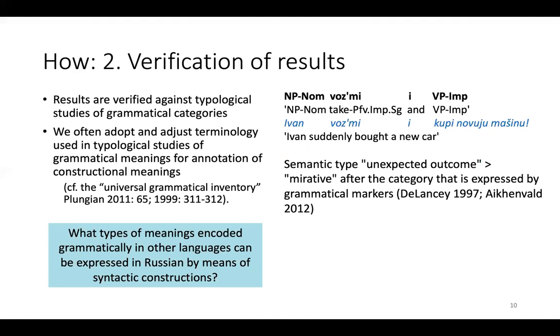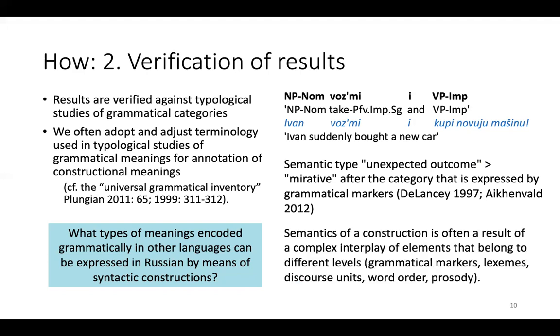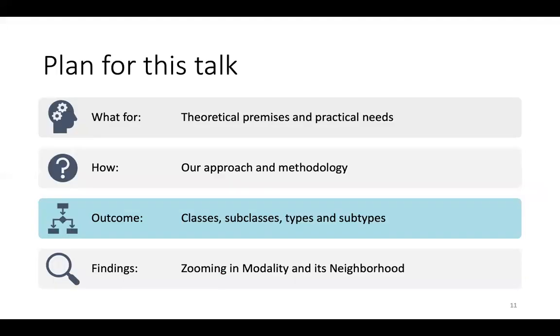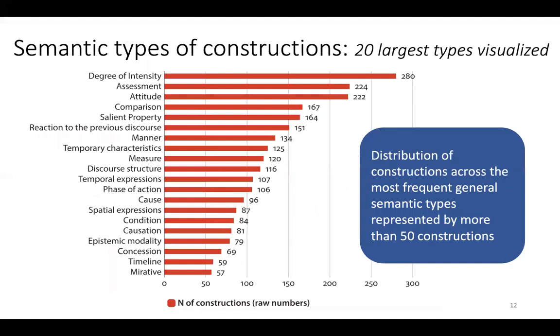We adopt this term even though this semantics is expressed here not by a single grammatical marker, but by a whole construction. As you see, semantics of a construction is often a result of a complex interplay of elements that belong to different levels, like grammatical markers, lexemes, discourse units, word order, prosody, etc. So what semantic types of constructions are best represented in our data?